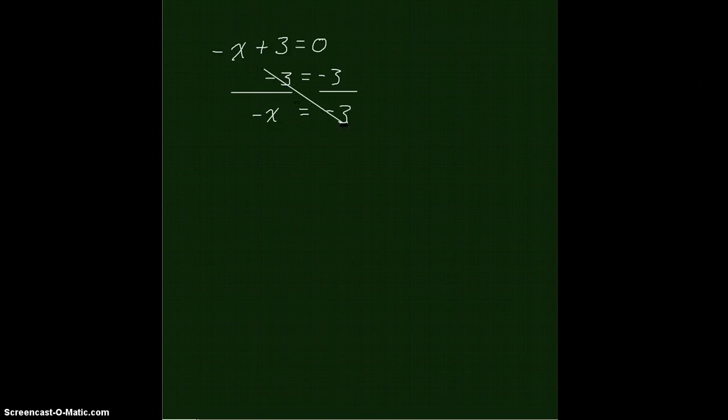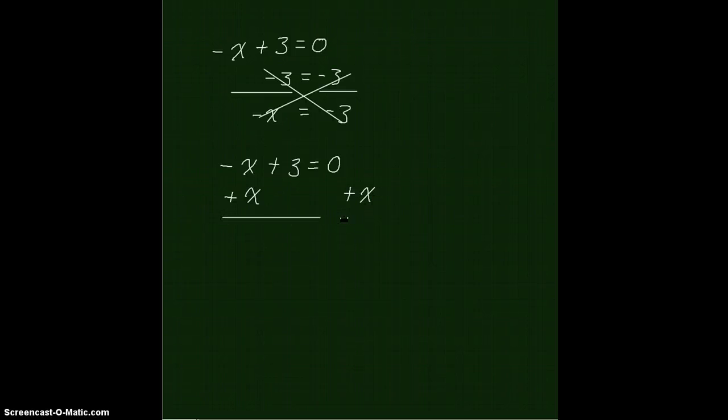So let's try a different way of it. Alright, let's not do that. Let's look at this problem again. Minus x plus 3 equals 0. What could I add to get x by itself? I'd have to add it to both sides. Yeah, why not a plus x to both sides?